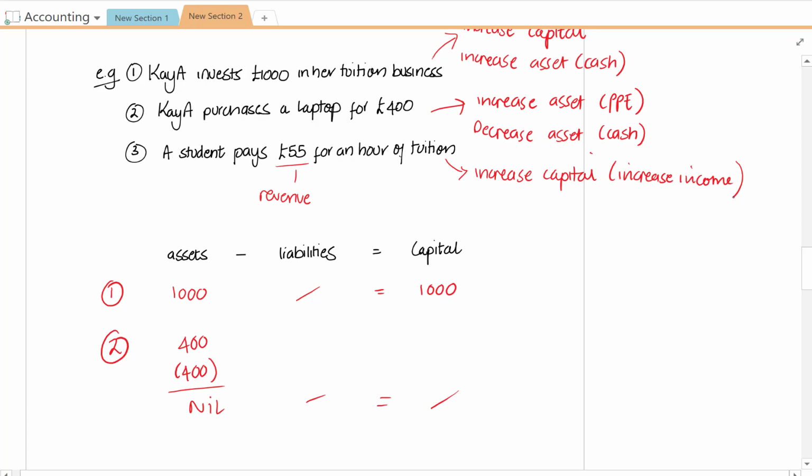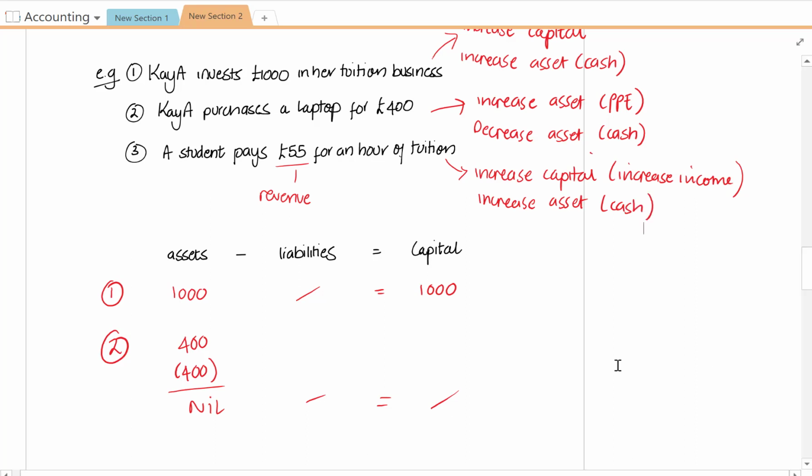And profits, as we've seen, increases capital. The other branch of this transaction is that if the student is going to pay you for tuition, that's probably going to be in the form of cash, coming into your bank account. So that's going to increase also an asset, and specifically cash.